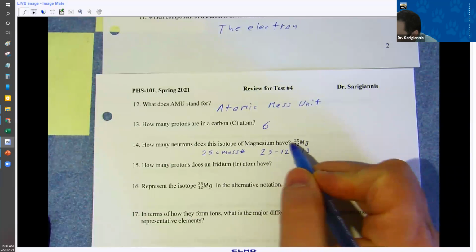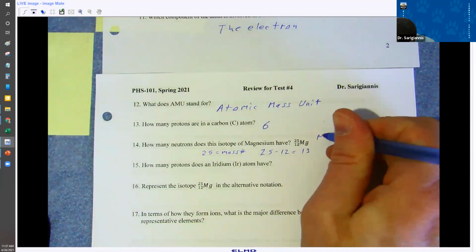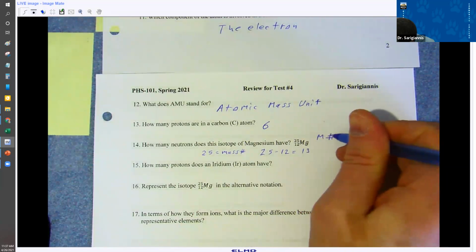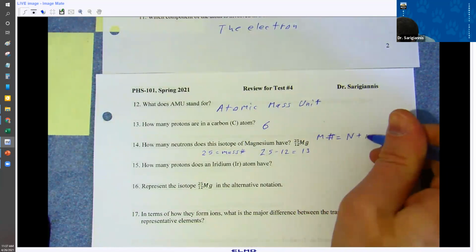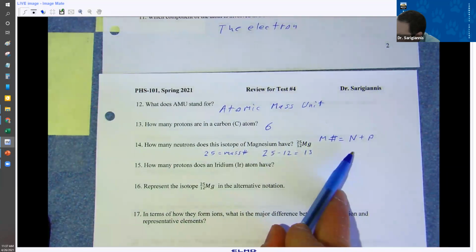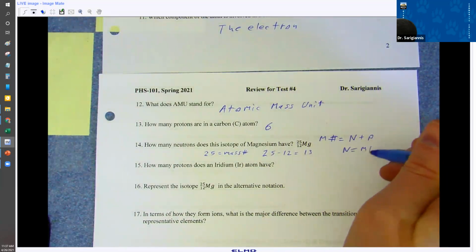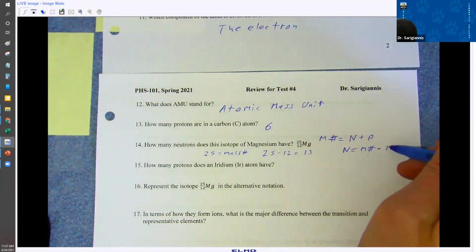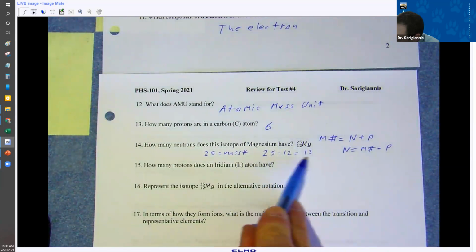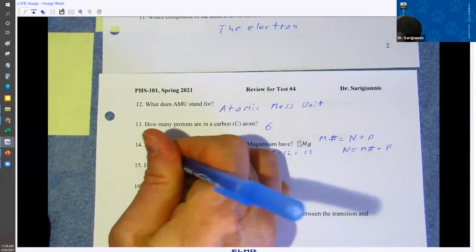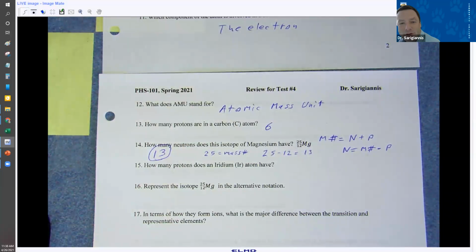The mass number is neutrons plus protons, right? So that means the number of neutrons should be the mass number minus the number of protons, which I have right here. 25 minus 12 equals 13. So this has 13 neutrons.